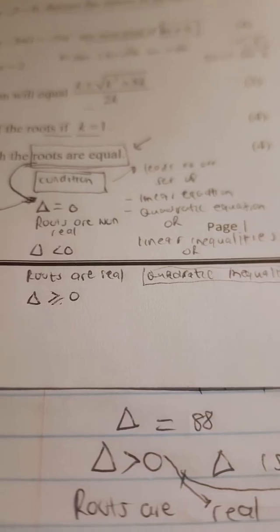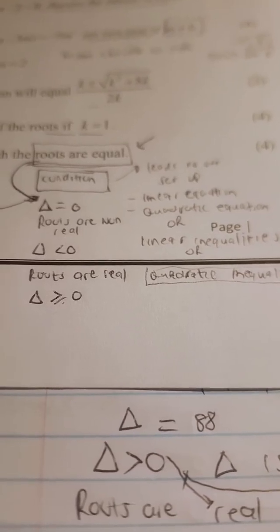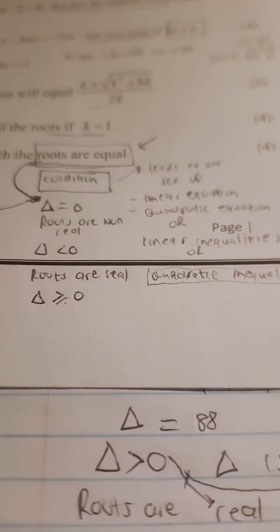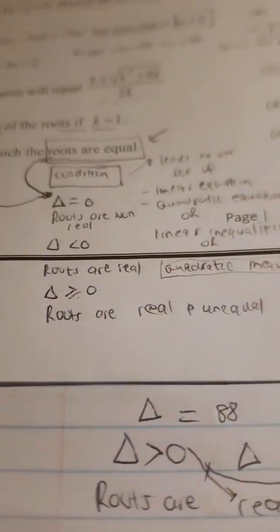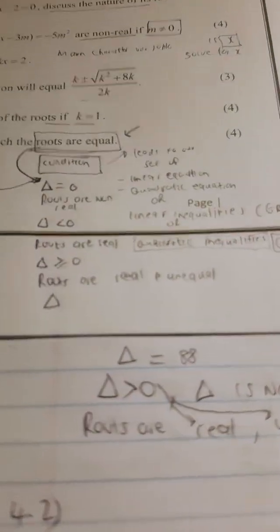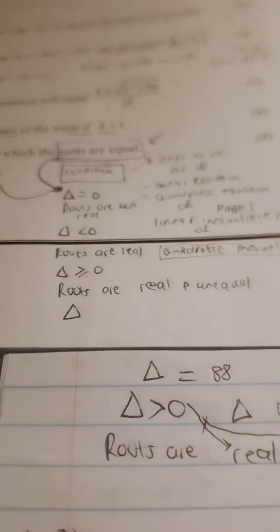If they say roots are real, you must say delta is greater than or equal to 0. If they say roots are real and unequal, what do you say? What is the condition for delta? I hope you are jotting this down for yourselves.